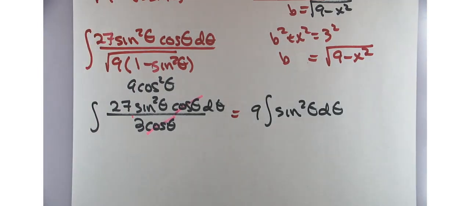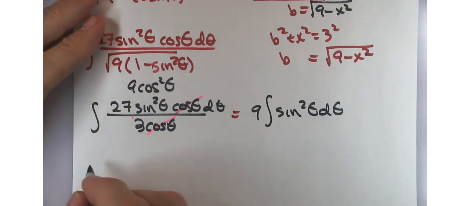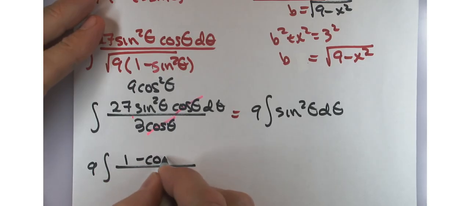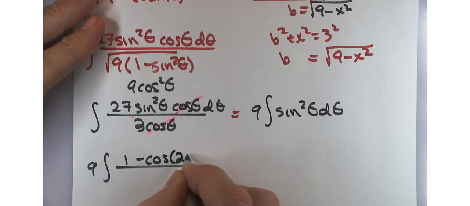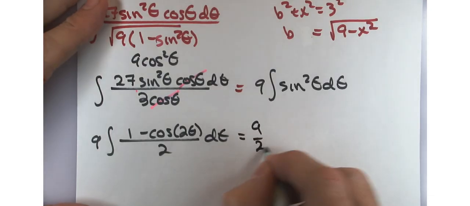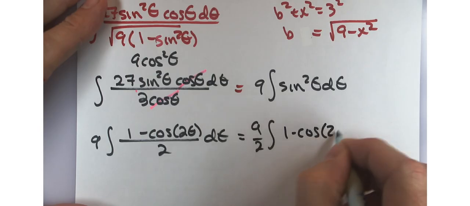Any suggestions as to what to do with 9 sine squared of theta? Oh, the power reduction formula. Good choice: 1 minus cosine of 2 theta over 2 d theta. Bring the 2 out in front: 9 over 2 times the integral of 1 minus cosine of 2 theta d theta.